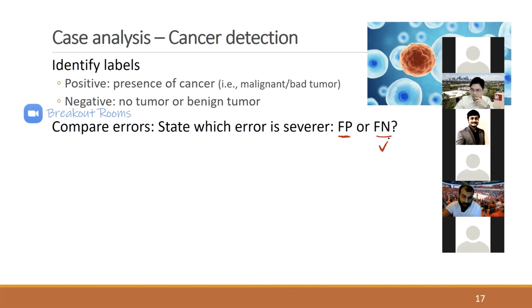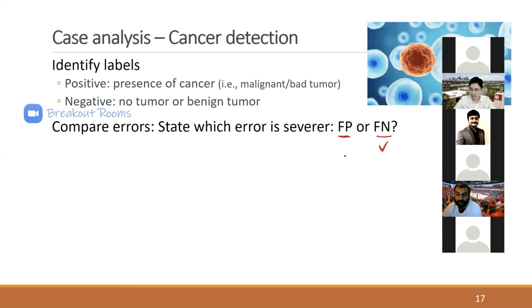Right. And what happens in the case of a false positive? You would waste, their tumor would be benign, and then you would be putting them under therapy or chemotherapy when they don't really need it. That costs a lot of money as well for them to get the treatment. Anybody agrees or disagrees or has second opinion?